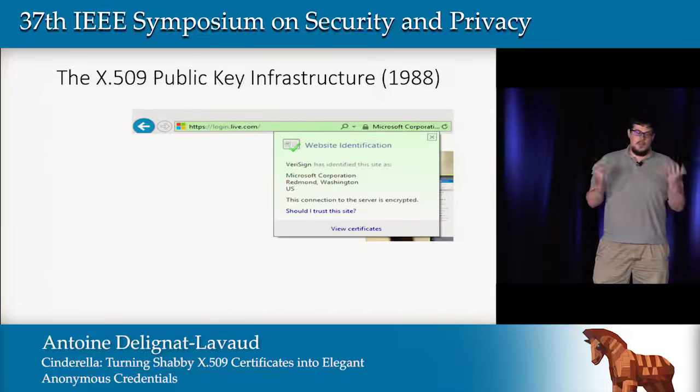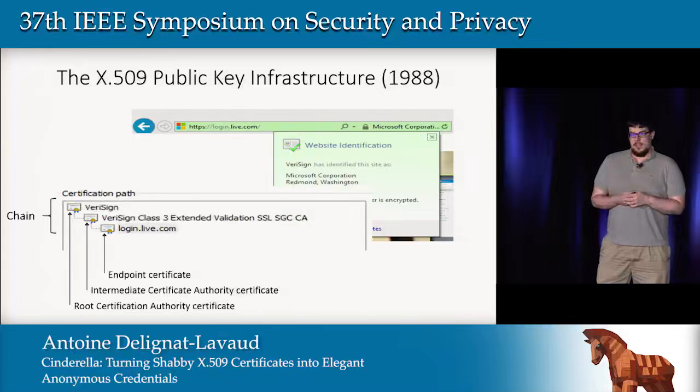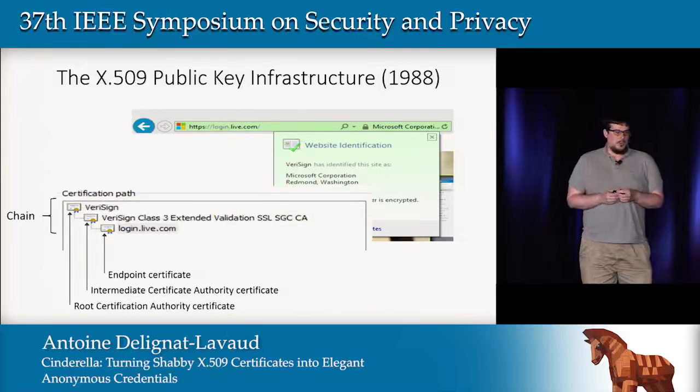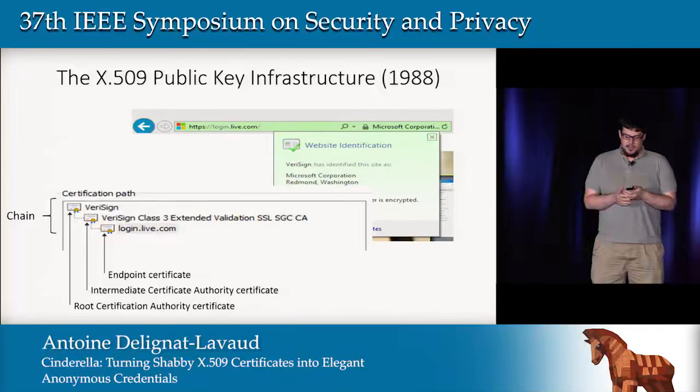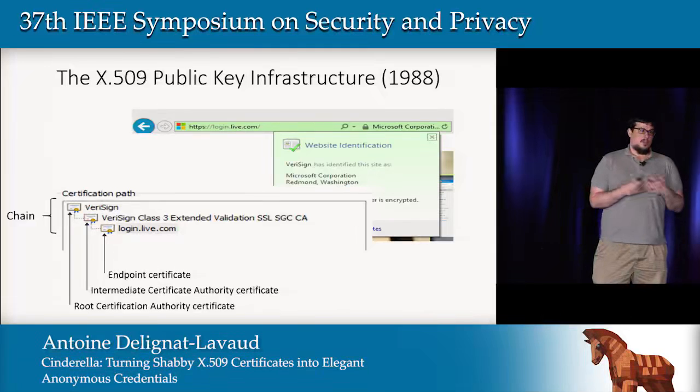The most well-known example is HTTPS, but if you look in the details of how it works, you have a set of root certificates that are part of your browser or your operating system, and there are the trust anchors, which are used for signing further certificates, which does delegation of trust. And ultimately, you have endpoint certificates that are issued to websites and users, and these are the ones that are used by application protocols for authentication.